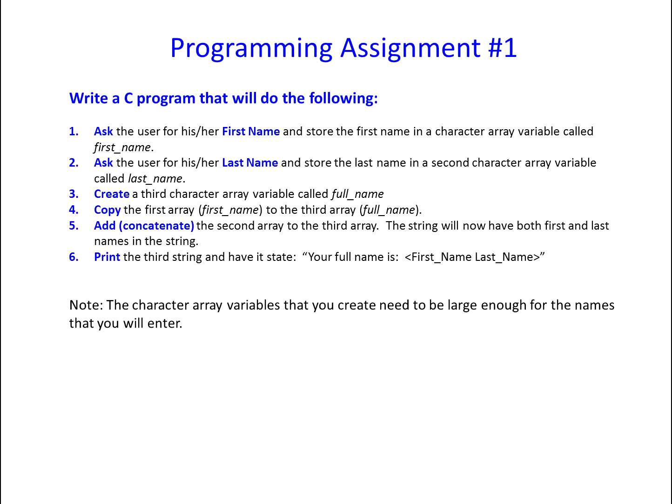So what you'll get is this full name that has both first and last names in the string. Then you need to print it out and see what you get when you type in your first and last name. Okay, so this is your first programming assignment.